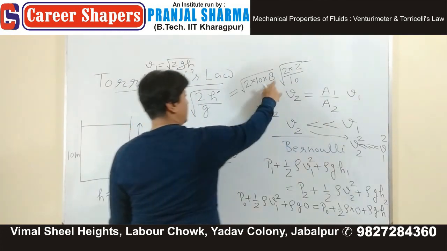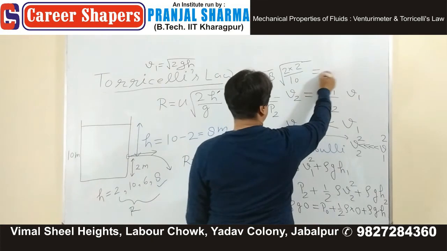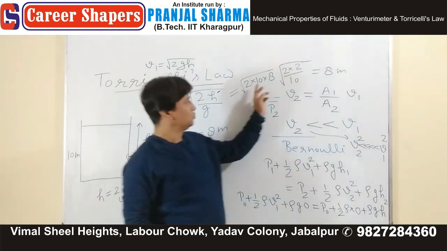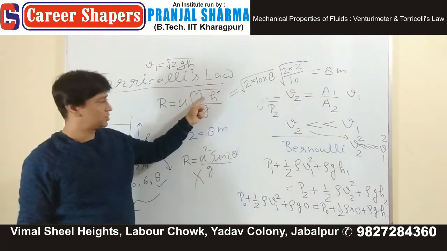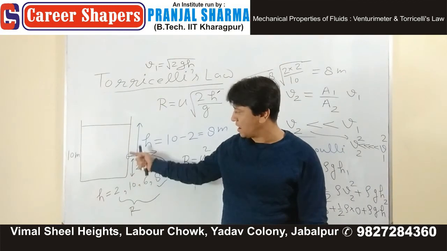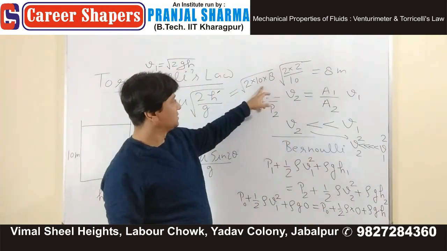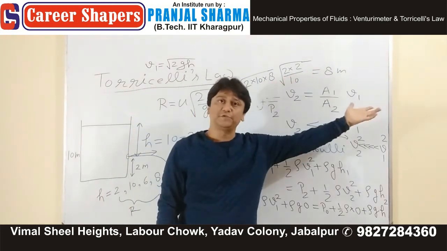This is 8 times 2 is 16, times 2 is 32, times 2 is 64. The square root of 64 is what?